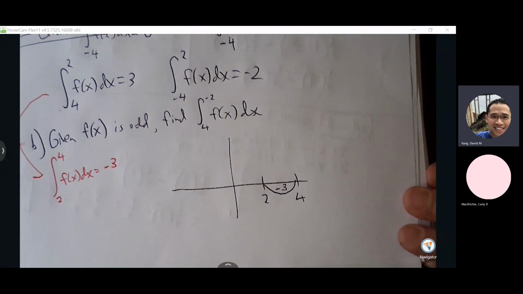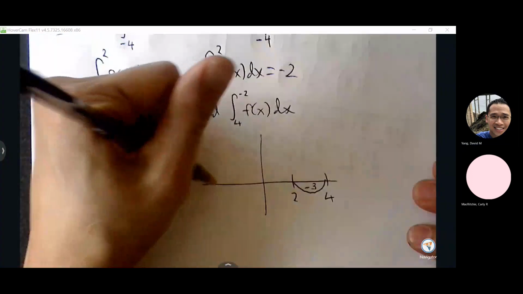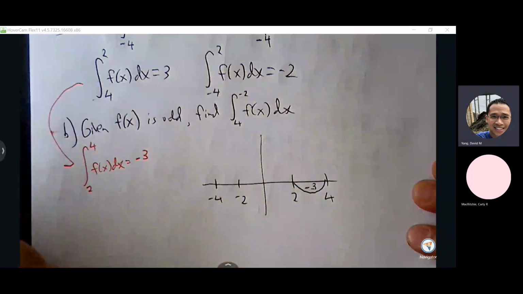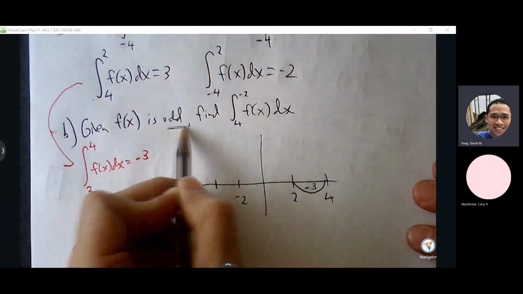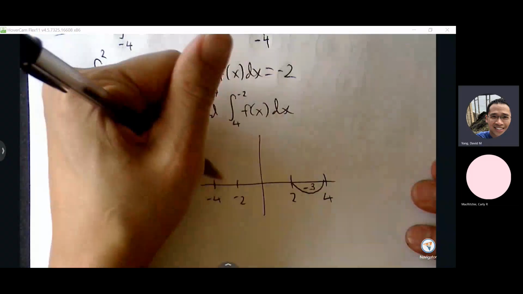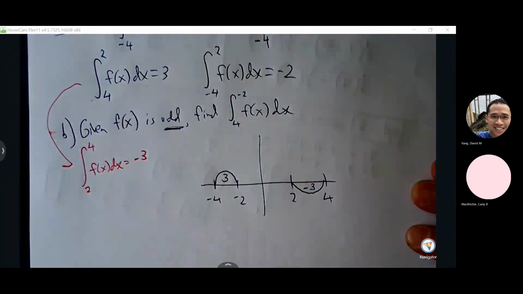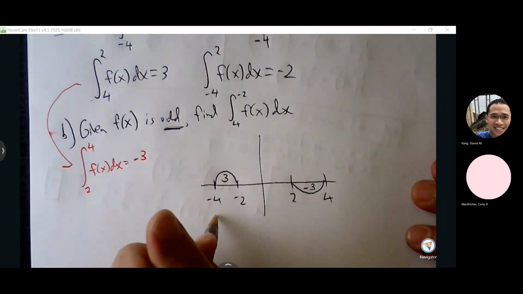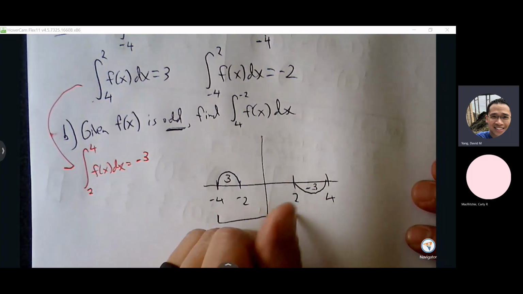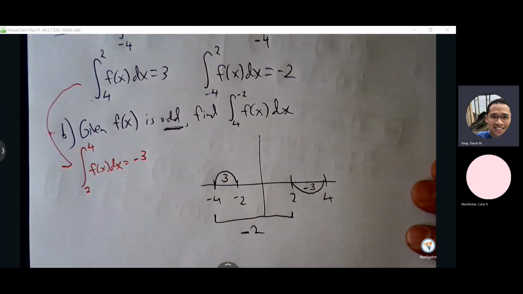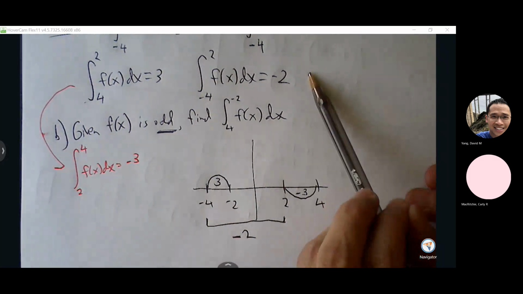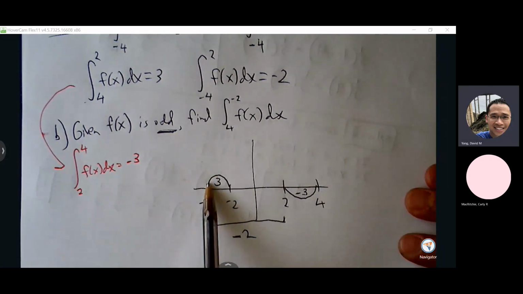What do we know about the other side? It's odd though. -4 to 2 is equal to -2. So I have 3 here already.